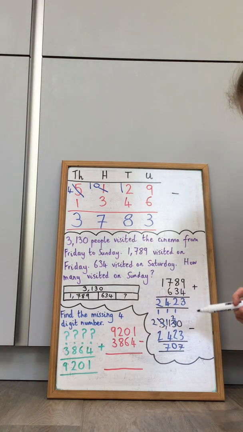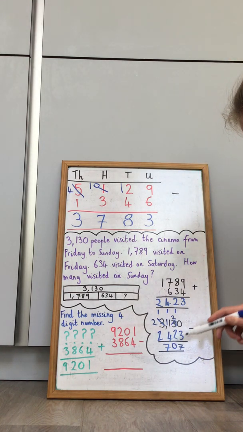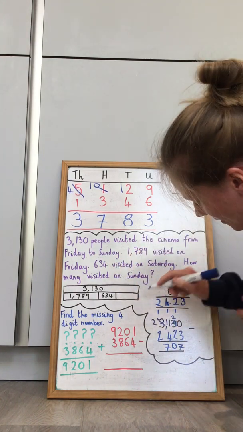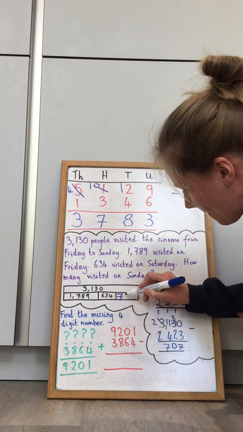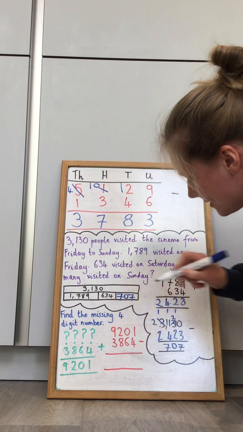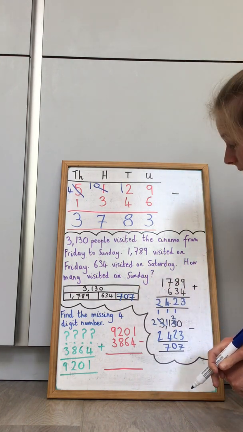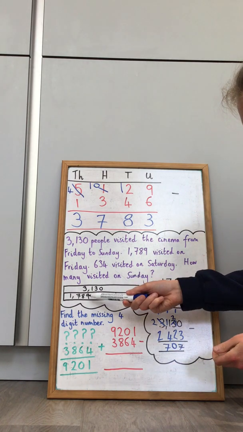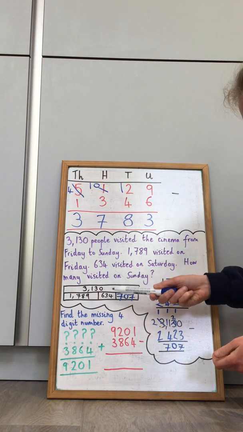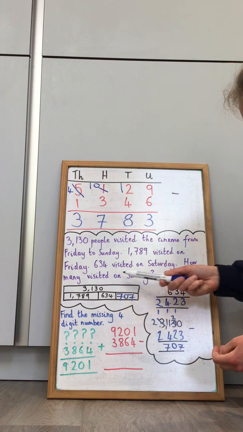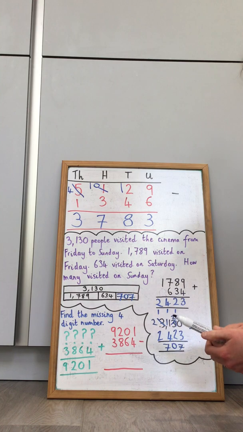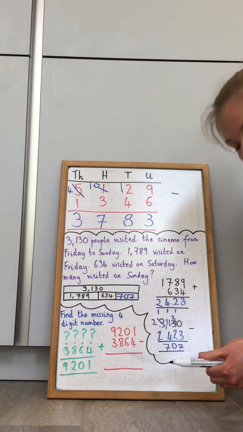So this helps us to find out that 707 people visited the cinema on Sunday. And if I wanted to check my answer was correct, I could add up 1,789 plus 634 plus 707, and that should give me a grand total of 3,130.